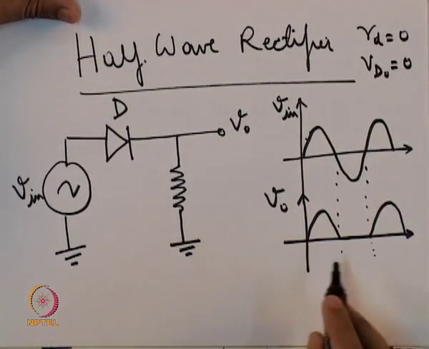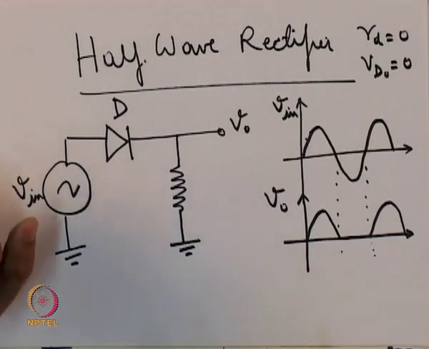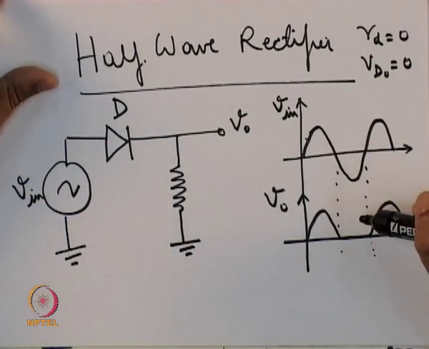For such a diode, this is what will happen. If this is my input, this is what my output will be.